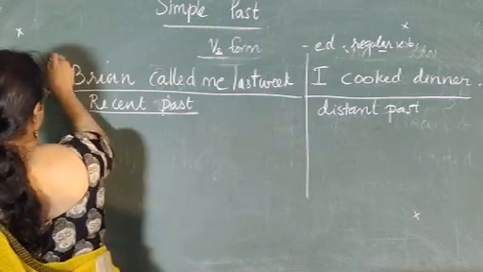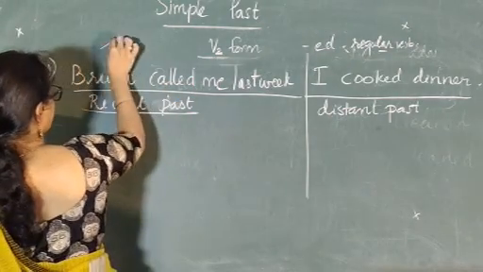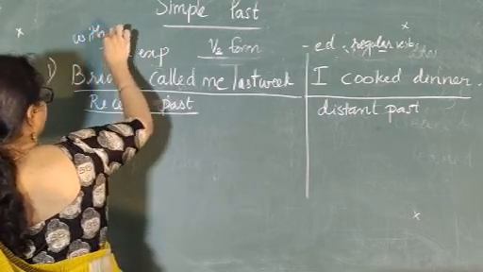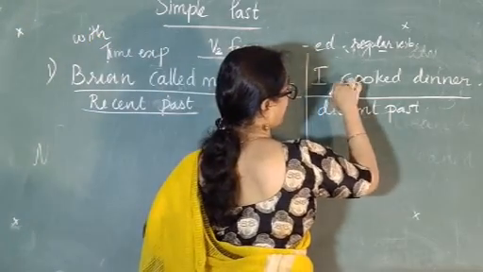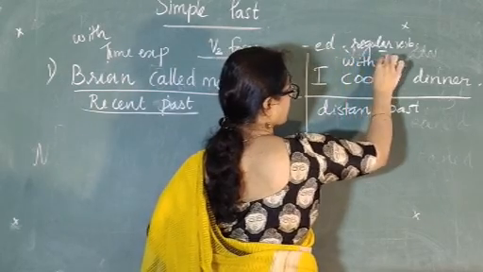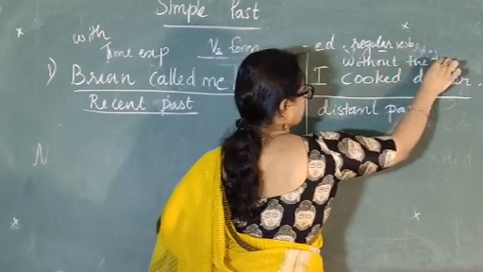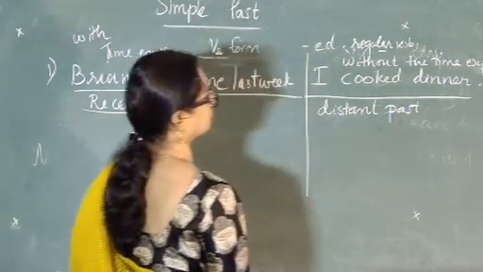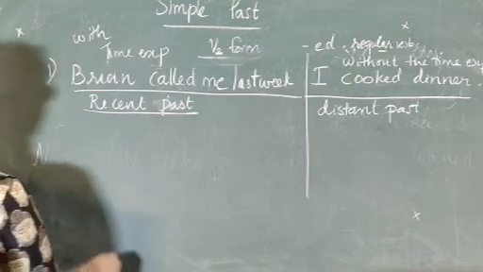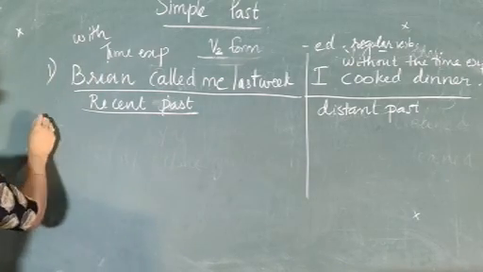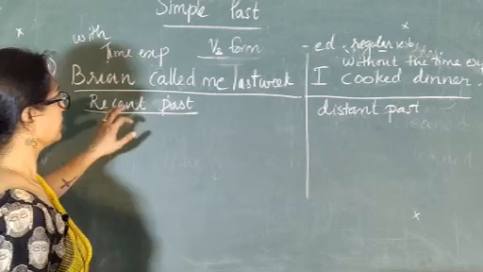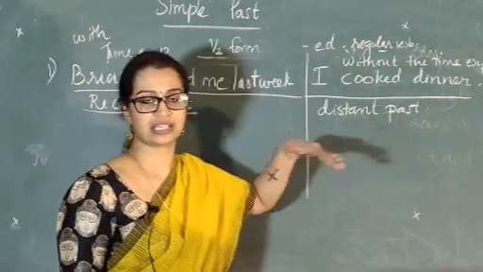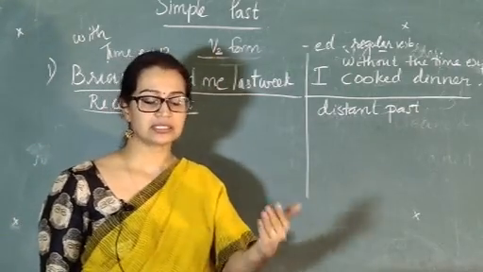So here the first sentence is for using with time expression, and this one is using it without the time expression. So here, next one, simple past can denote recent past or distant past. It can be used to denote recent past or distant past.